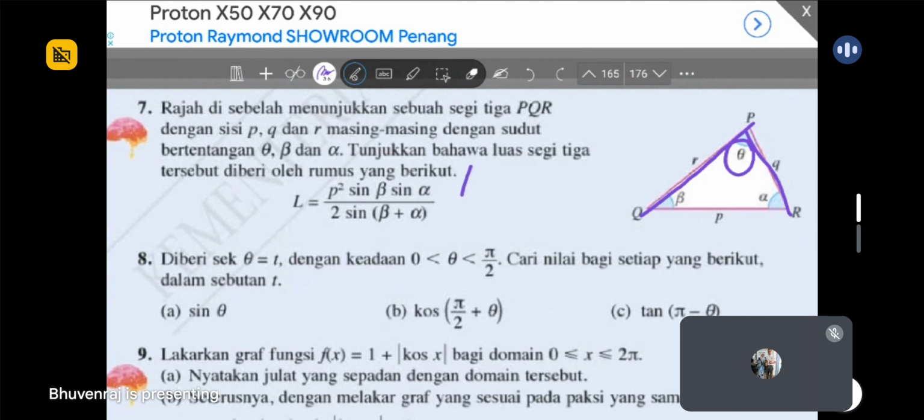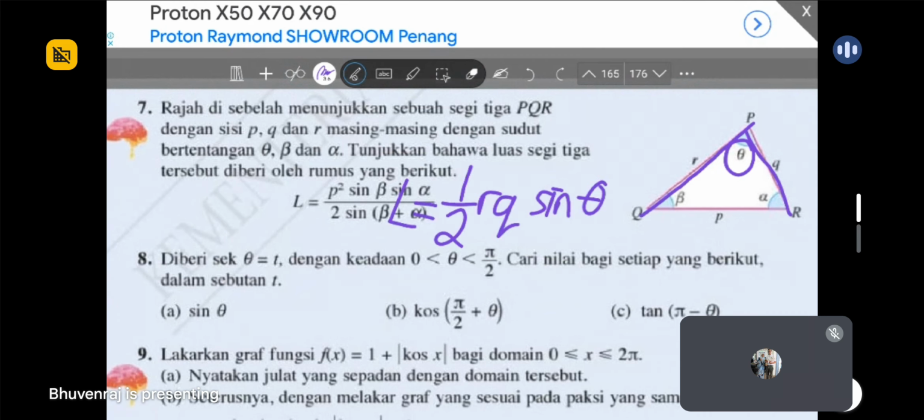So guys, you can try to construct the formula, right? Half AB sine C, I just change it. So this is actually equal to my L. So L equals half RQ sine theta. Okay, so now this is not enough to prove the formula. Not enough yet. So how do we proceed some more?